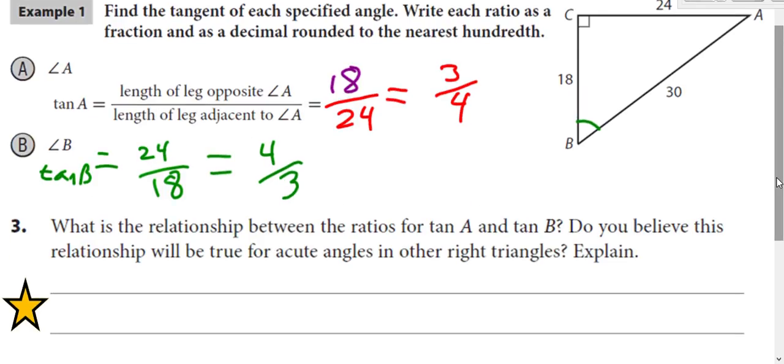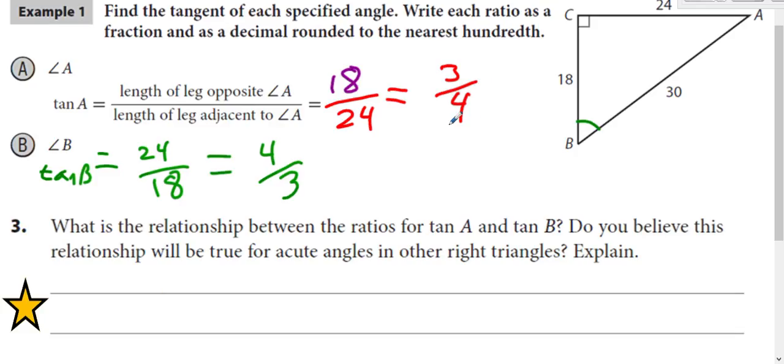So, big idea, I put a star here next to what we're going to write. What's the relationship between the ratios for tangent A and tangent B? When you just switch the angles, what happens to the ratios? We went from 3/4 to 4/3. There's a fancy math term for that.